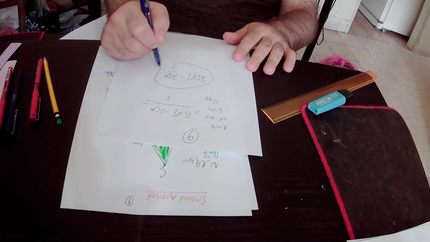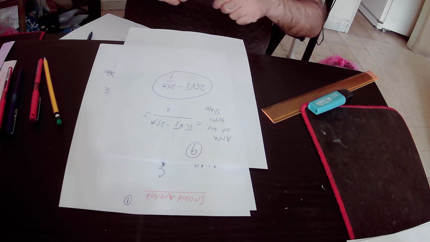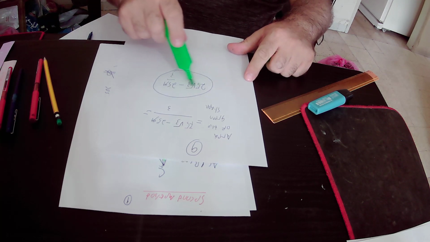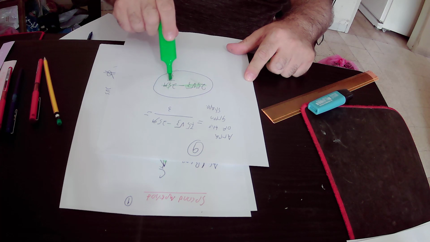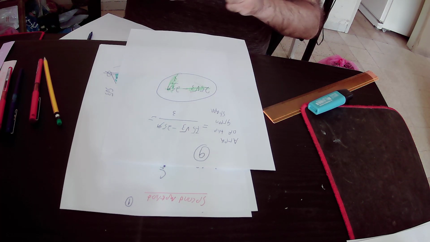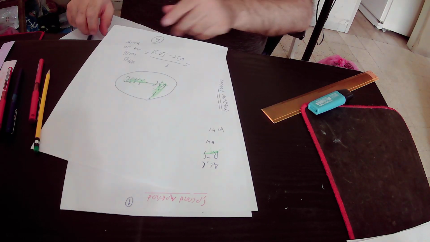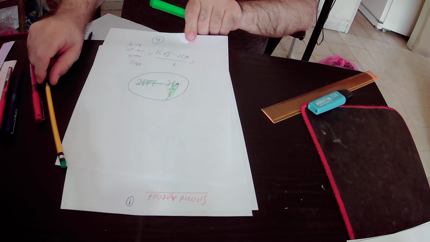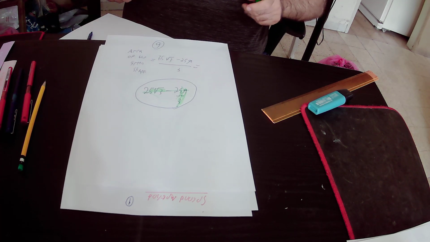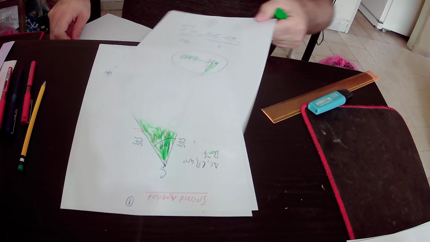So we found that the area of the green shape equals 25 times root 3 minus 25 pi over 3 square units.